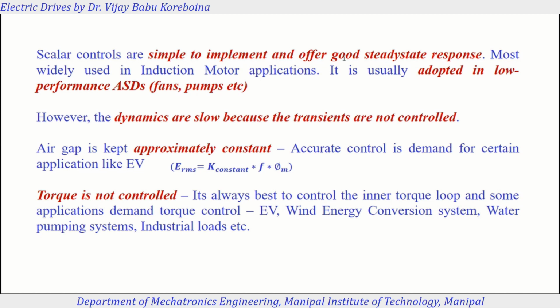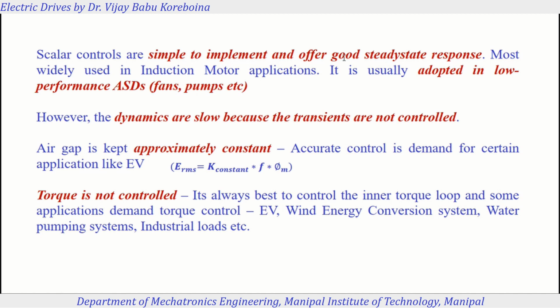and it offers good steady state response. And these are very simple. Most of the industry drives apply scalar control only, in most applications. You can see most of the fans that are rotating in your household or industries or anywhere are applying V by f control.